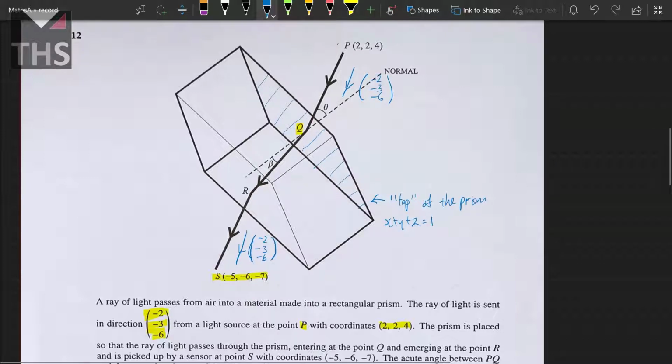And of course, finally, there is this bottom, what do they call it? Base of the prism, yeah? So I'm just going to shade this a little bit. This is like the base of the prism, okay?